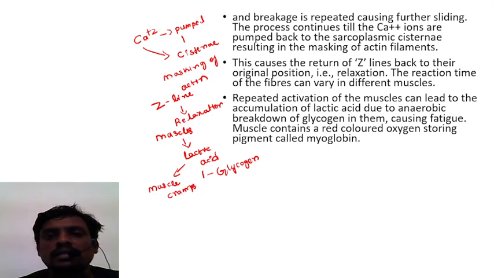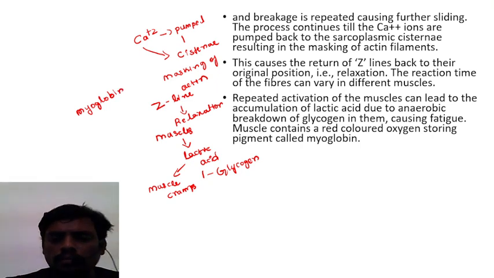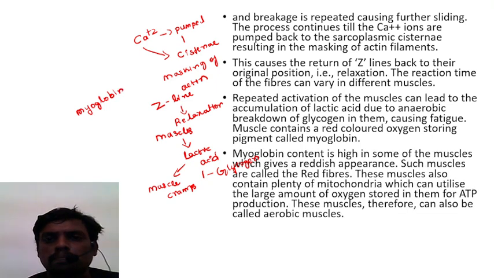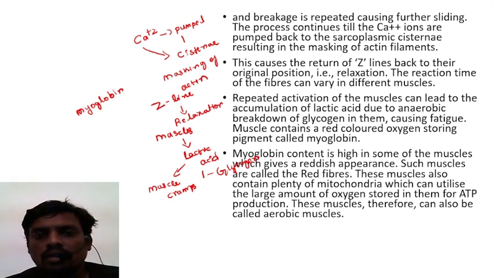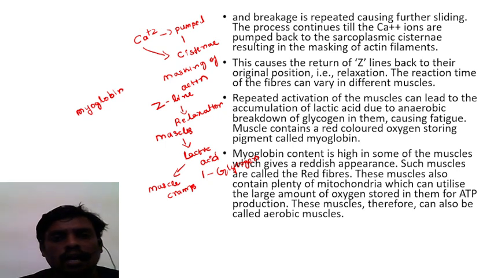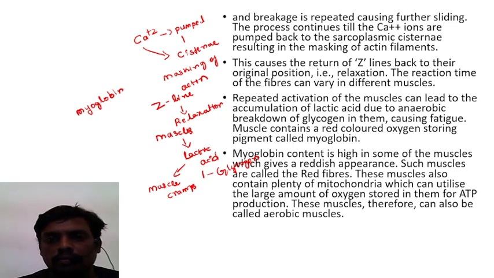Muscle contains a red colored oxygen storing pigment called myoglobin, similar in structure to hemoglobin. This myoglobin continuously supplies a high quantity of oxygen. The myoglobin content is high in the reddish colored fibers.